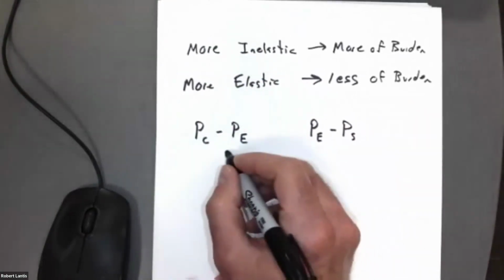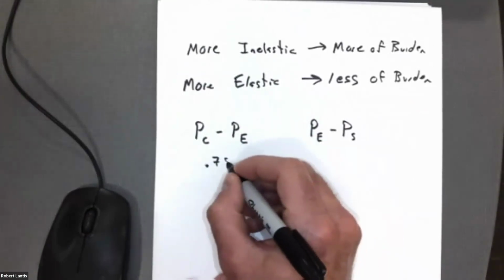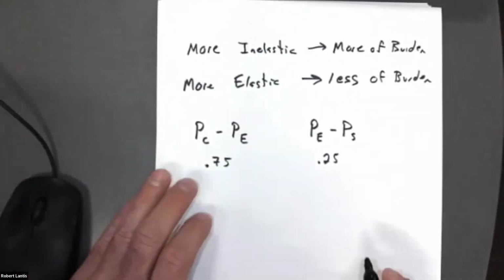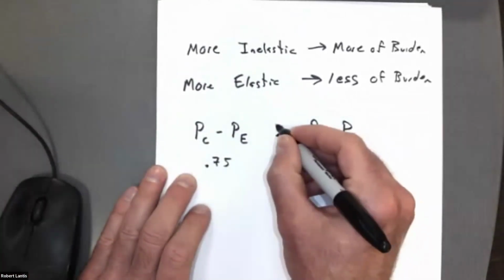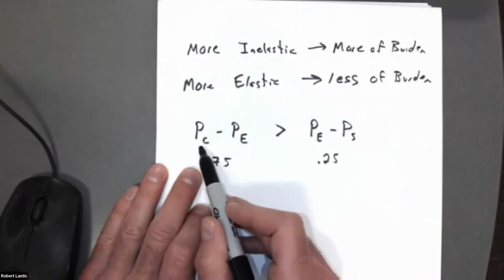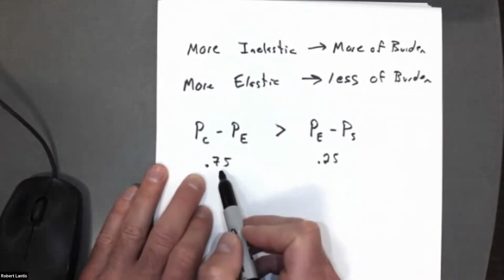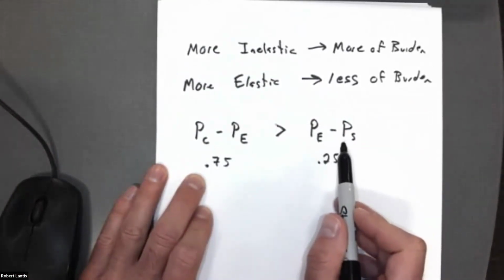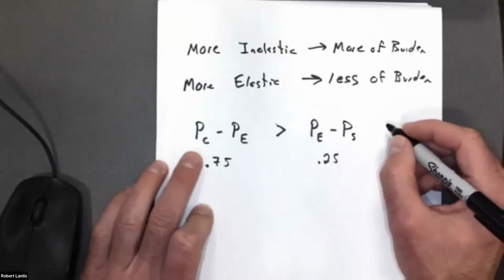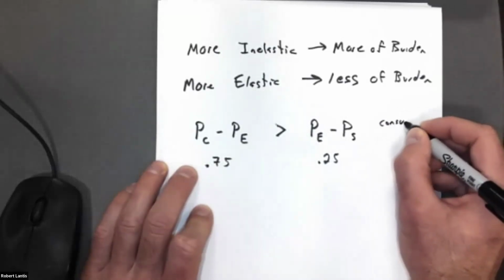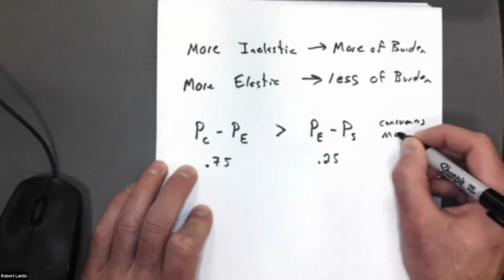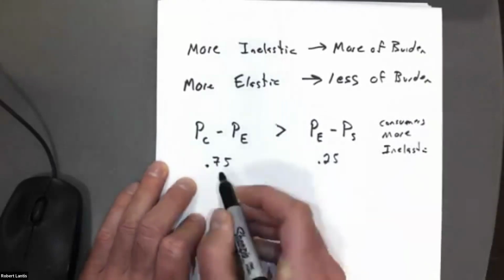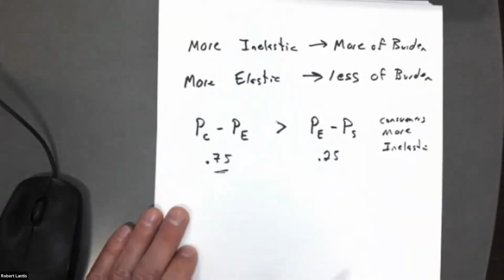So if this difference, in my example, was like 0.75 and 0.25, that makes up the $1 tax. If the amount that the consumer pays goes up by more than how much the seller's take goes down, we would say here that consumers are more inelastic. Why? Because they're bearing more of the burden of that tax.